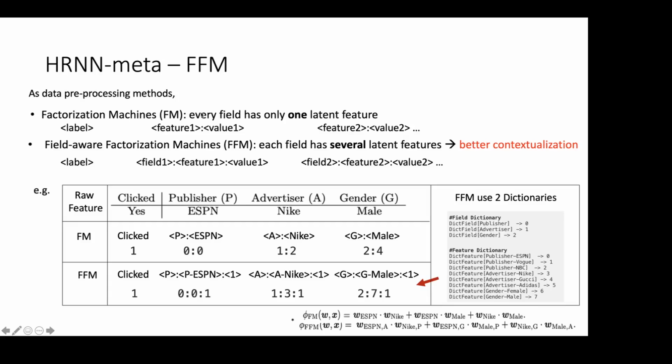When given raw input data for a recommender system, every field has one latent feature, such as this feature and value. But in FFM, it is not. For every field, several latent features might exist.